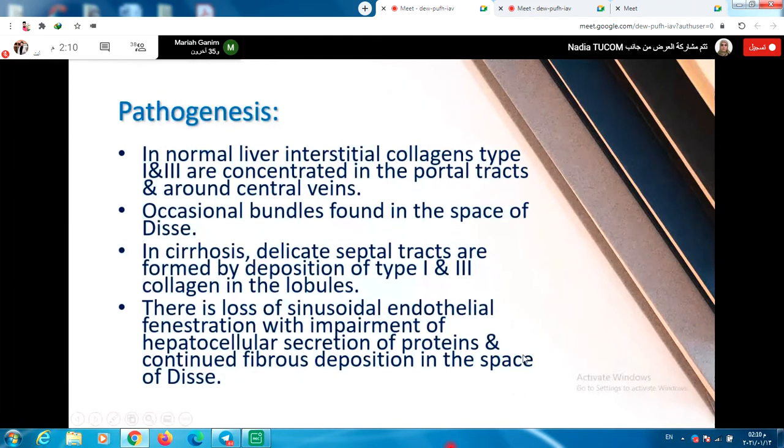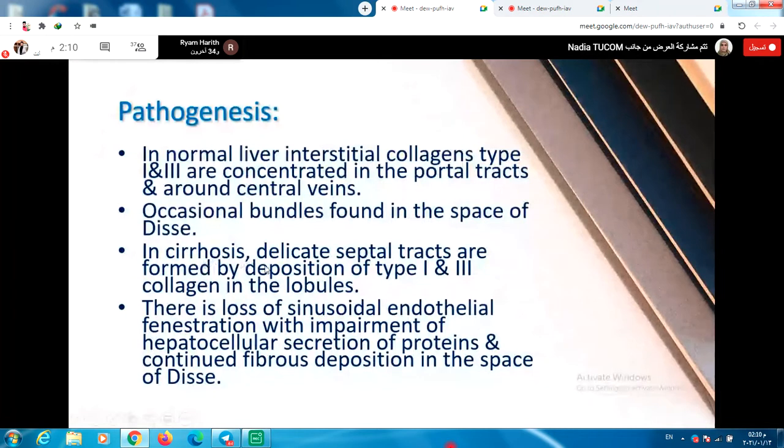Regarding the pathogenesis of liver cirrhosis: normally, the liver interstitial collagen types 1 and 3 are seen in small amounts around the portal tract and around the central vein, in bundles, and found in the space of Disse.